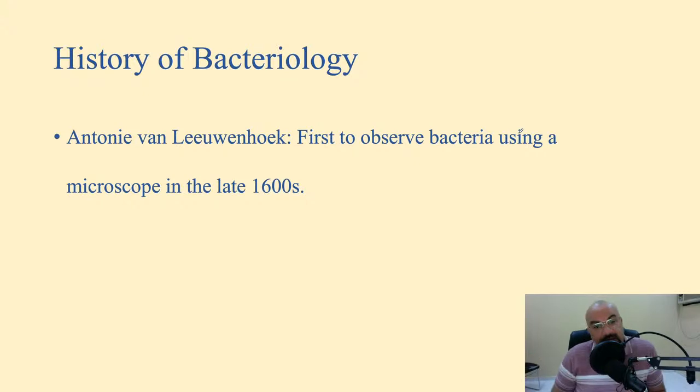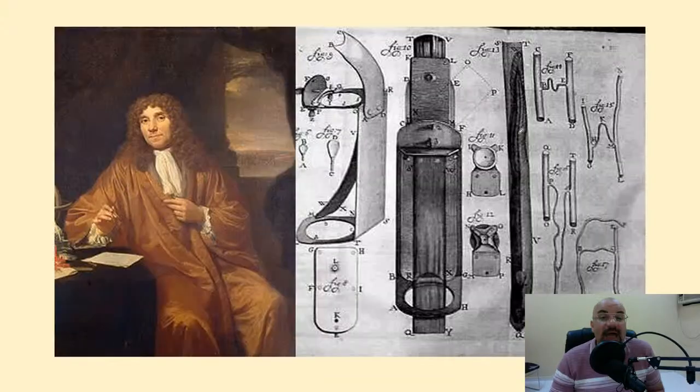But the bacteriology, or the development of this science, started with Anton van Leeuwenhoek, which started with the discovery, or creation, of the microscope in the 1600s. This is the first microscope that was used at that time, and it was a shock.